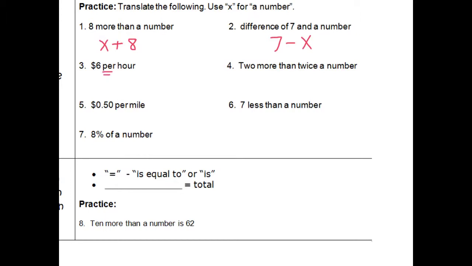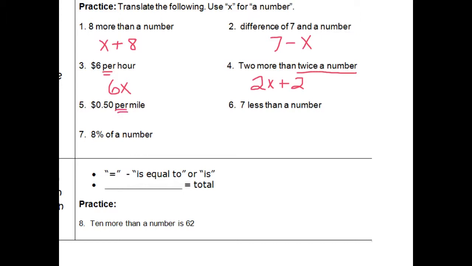Remember how I was talking about the word per? That means multiplication. So $6 per hour. x represents our hour. 2 more than twice a number. So let's start with our twice a number. Twice means double, so 2x. And then we want 2 more than that, so we want to add 2 onto that.